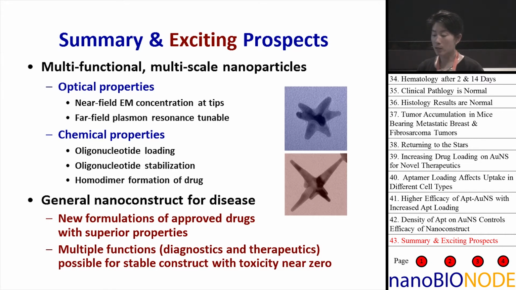In our case, we don't know whether the particles are just close to the blood vessel on the tumor, or whether they're distributing throughout. So that's the next thing that we need to do.